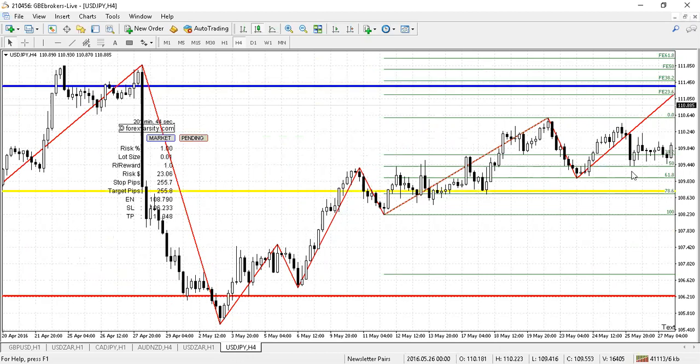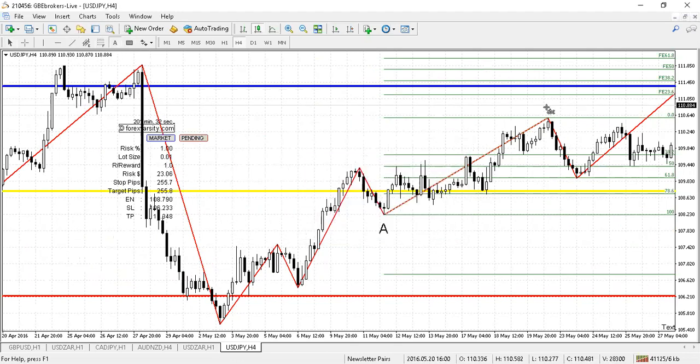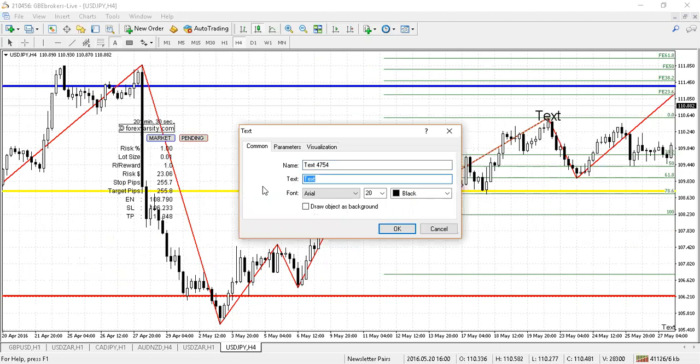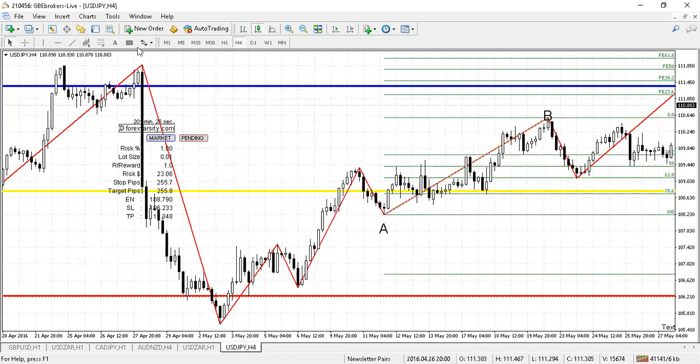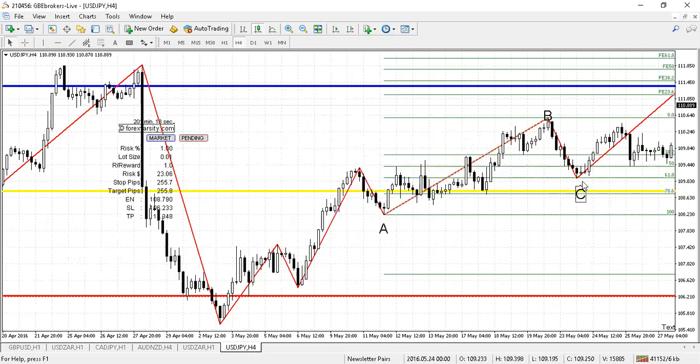where to put your stop loss. So if we look at this particular trade here, for example, we can call this A, and then call this B, and then we obviously would want to get in on the C. Once we've got our zones in place and we've got our two signals to trade, then you could perhaps look at entering a trade.